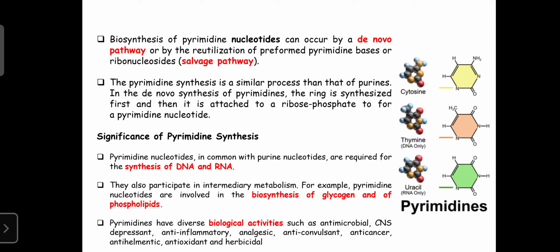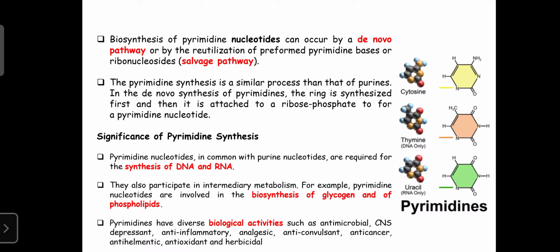In the de novo pathway, they utilize amino acids and certain components involved in the biosynthesis of the pyrimidine bases first. From the pyrimidine bases, they are involved in the synthesis of the pyrimidine nucleotides like cytosine, thymine, as well as uracil. That pathway is known as the de novo pathway.